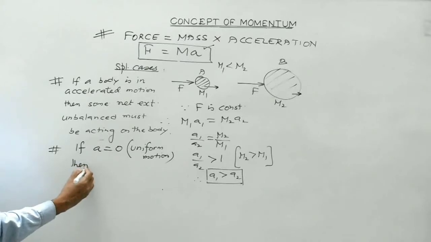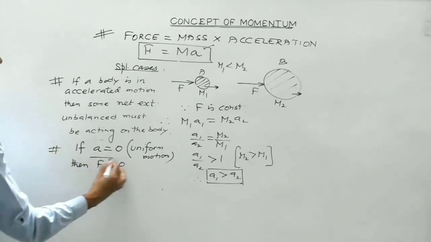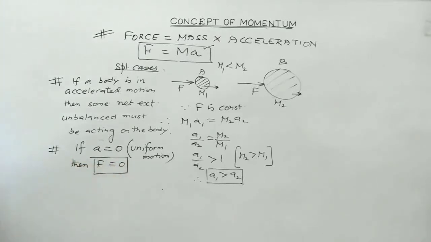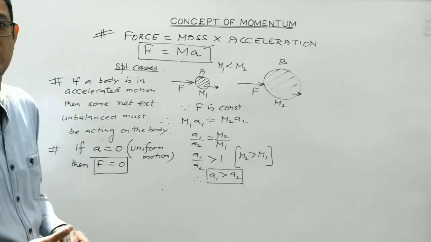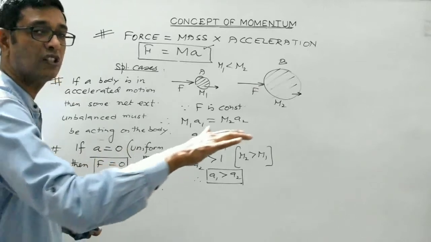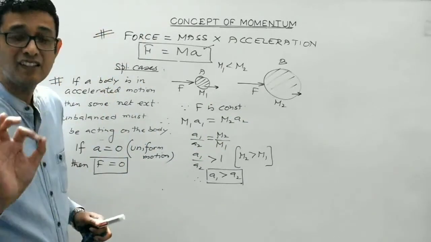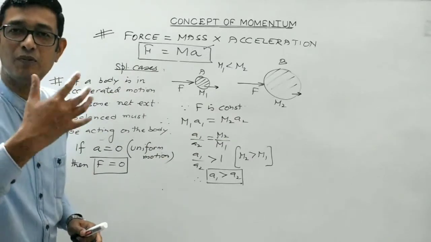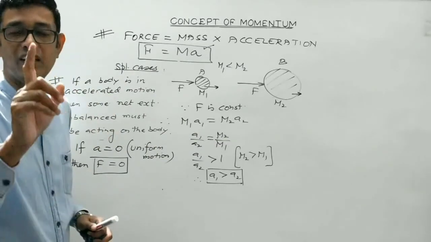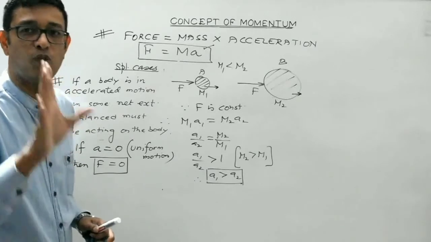Then no net external force acts on the body. That is what we discussed in the earlier session as well. If a body is in uniform motion along a straight line, then no net force acts on the body. Net force acts on a body only when the body is in accelerated motion.